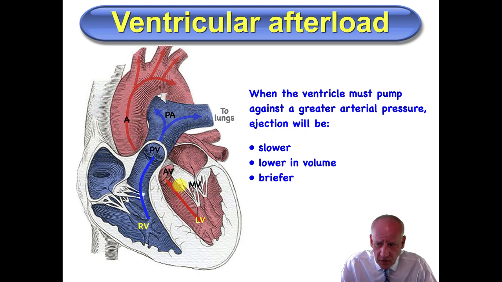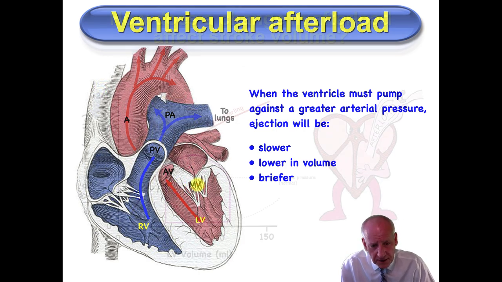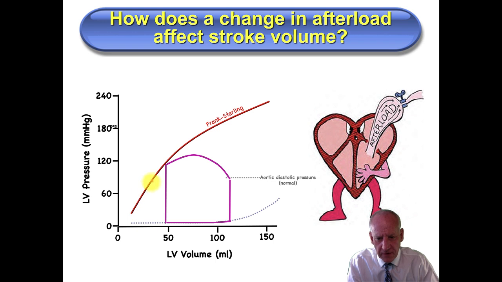So let's prove this to ourselves with a ventricular function plot. The red curve shows the Frank-Starling length-tension relationship, which indicates that as the heart fills with greater volumes of blood in diastole, the ventricular myocytes will stretch to a greater degree, and as a consequence, they will be able to generate more force, more pressure. Recall that we can model a single cardiac cycle by superimposing a PV loop on the ventricular function curve.